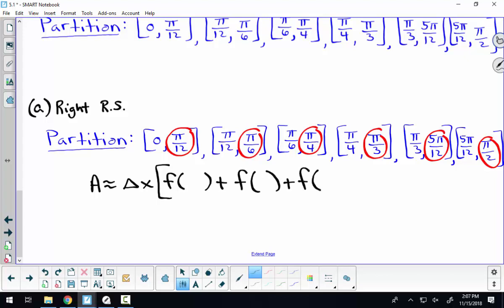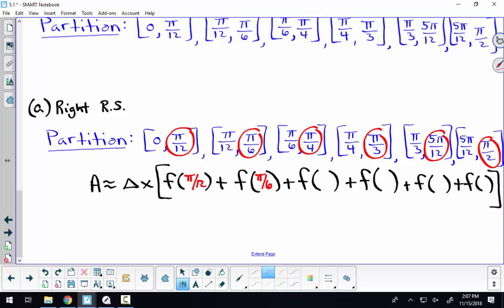Plus the function evaluated at pi over 4, plus the function evaluated at pi over 3, plus the function evaluated at 5 pi over 12, and plus the function evaluated at pi over 2. Is everybody all right with that? Do y'all have any questions at all at this point?